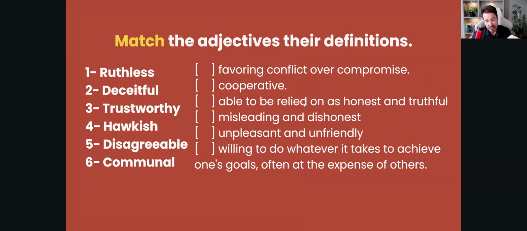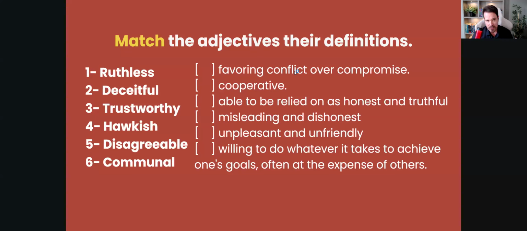Because as I used this, I forgot to mention the level. As I used this with a C1 level group, I didn't focus on generous, even though it was one of the words, but of course they know generous. So I decided to focus on 6: ruthless, deceitful, trustworthy, hawkish, disagreeable, and communal.